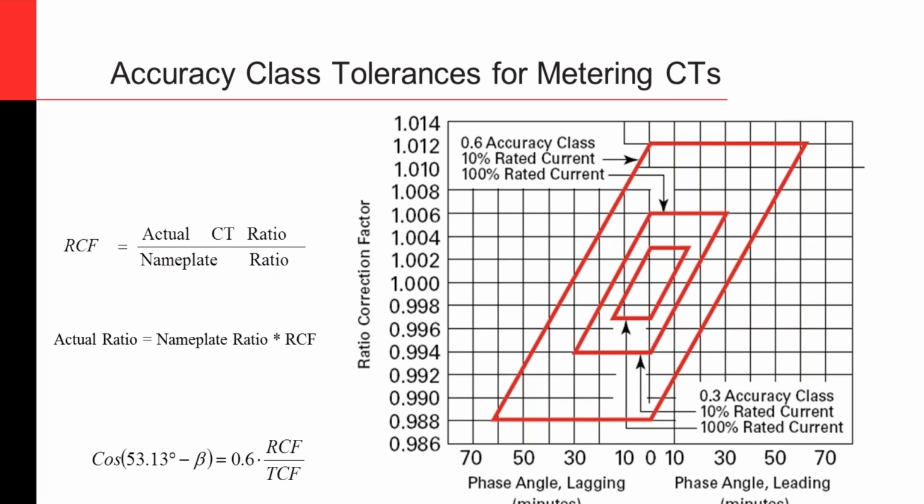If it is within the parallelogram, it is working in a good condition. If it is not, then it is not working in a good condition. So based on these results, the ratio correction factor and also the insulation resistance, you can determine whether it is approaching its end of life.